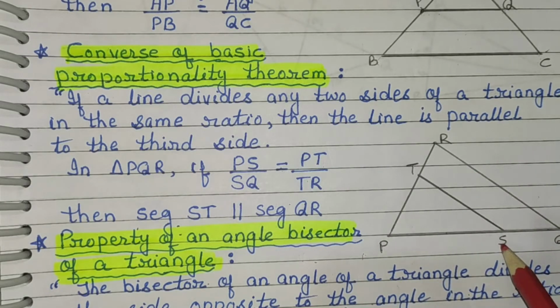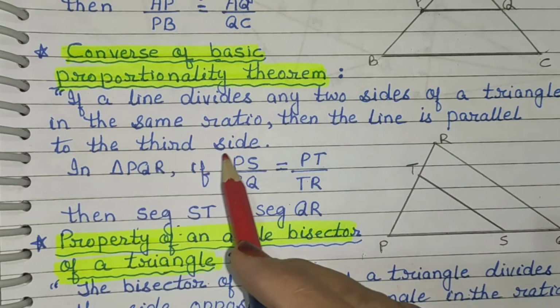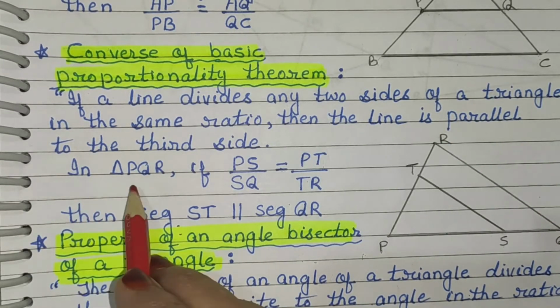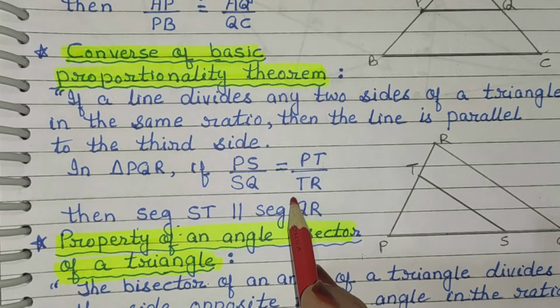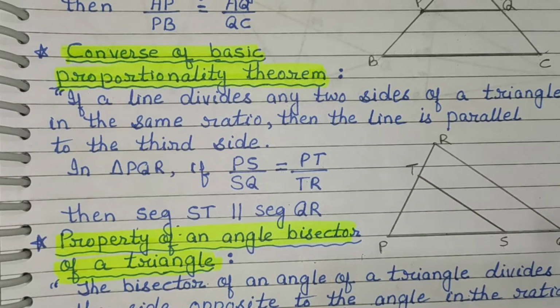Then this line TS is parallel to RQ. In triangle PQR, if PS upon SQ is equal to PT upon TR, then we can say that segment ST is parallel to segment QR.